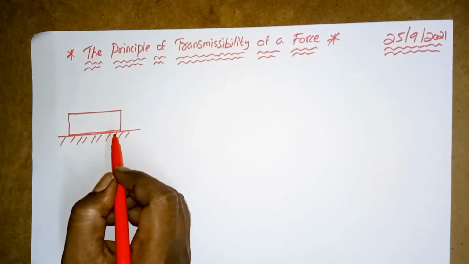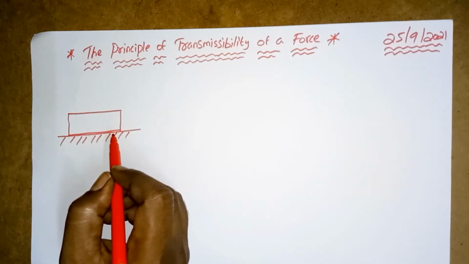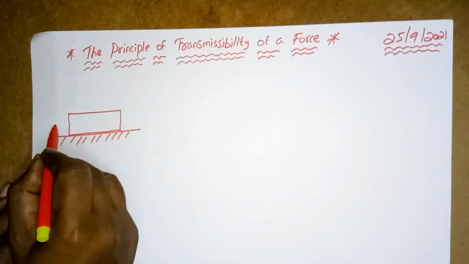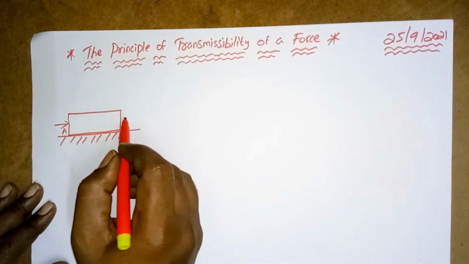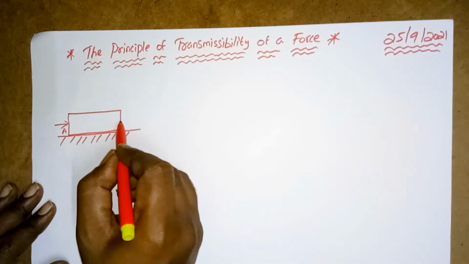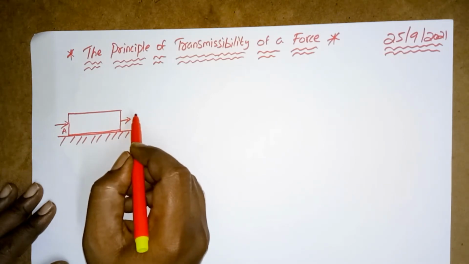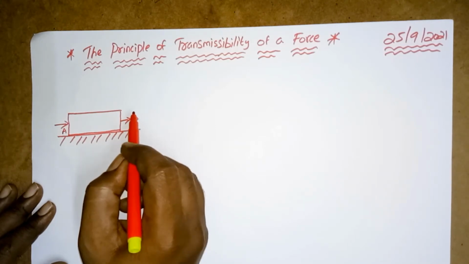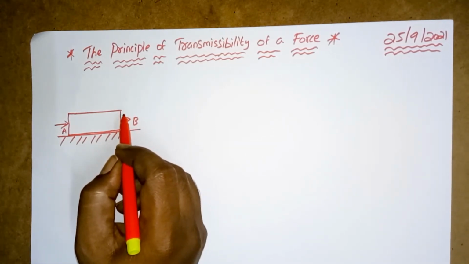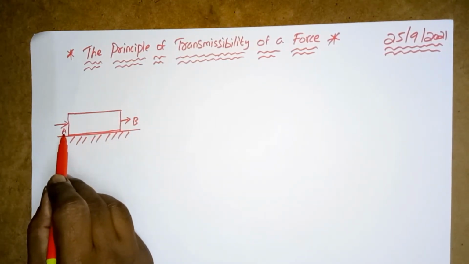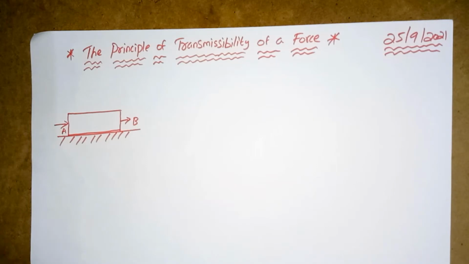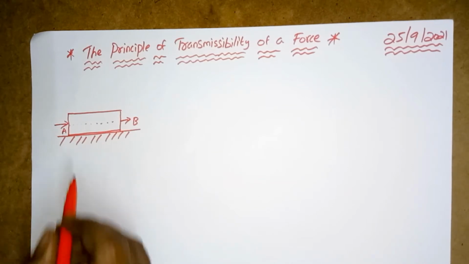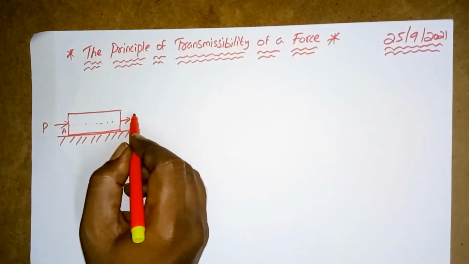The motion of the block will be the same whether it is pushed at A or pulled at B. So the principle of transmissibility of a force is saying that the motion of the block will be the same whether it is pushed at A or pulled at B. This is how we have to learn this principle of transmissibility. We can consider this force as P.